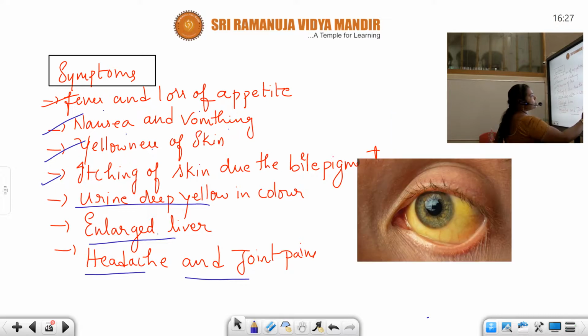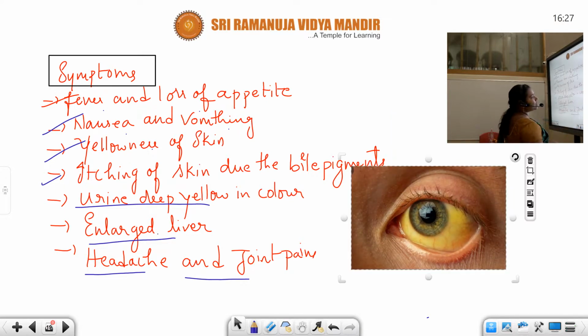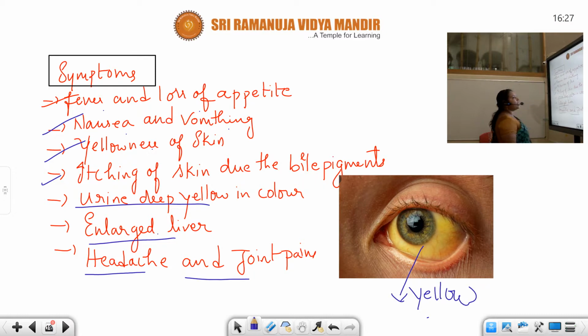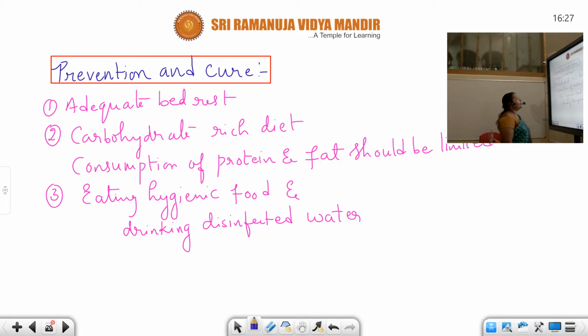So, you just observe the figure, students. Eye color will become yellow. Right. So, by noticing all these symptoms, we can easily come to a conclusion that the particular individual is suffering with jaundice. Now, let us see the prevention and the cure.